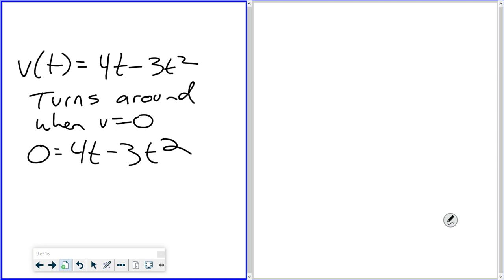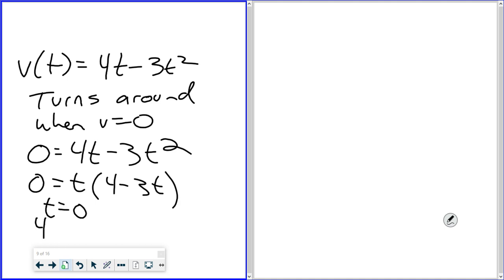You can either try to use the quadratic formula, or this actually factors fairly easily, and you get t times 4 minus 3t. So that means either t is 0 or 4 minus 3t is 0. This bottom equation tells us that t is 1.3 seconds.